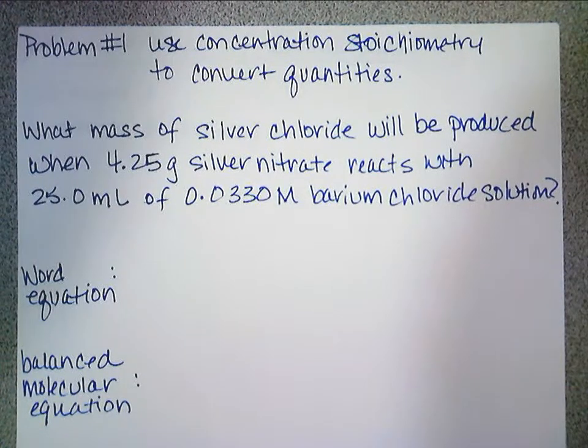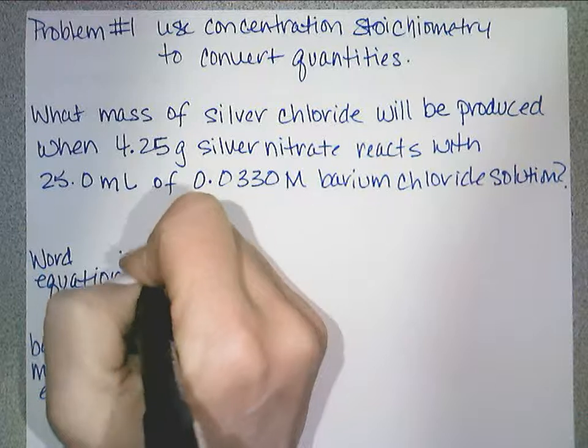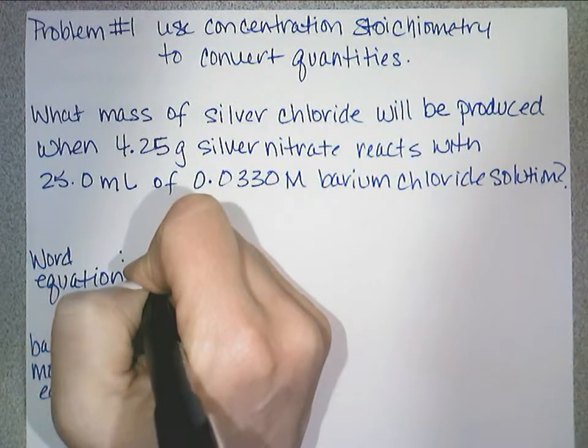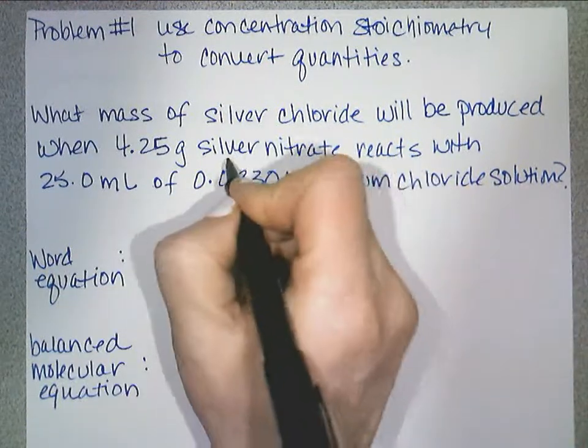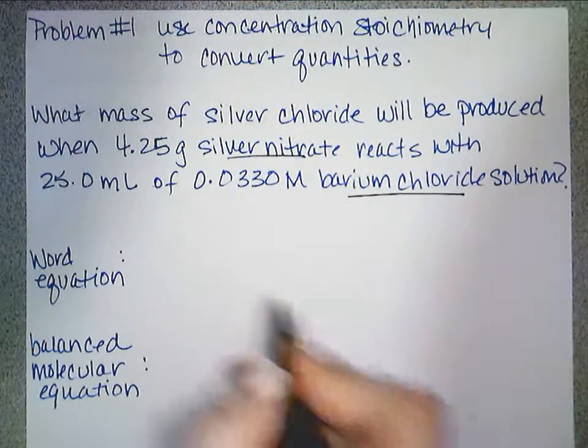So the first thing you might want to do is write the word equation before you go ahead and balance it. So the word equation is we have silver nitrate reacting with barium chloride. So those are reactants.